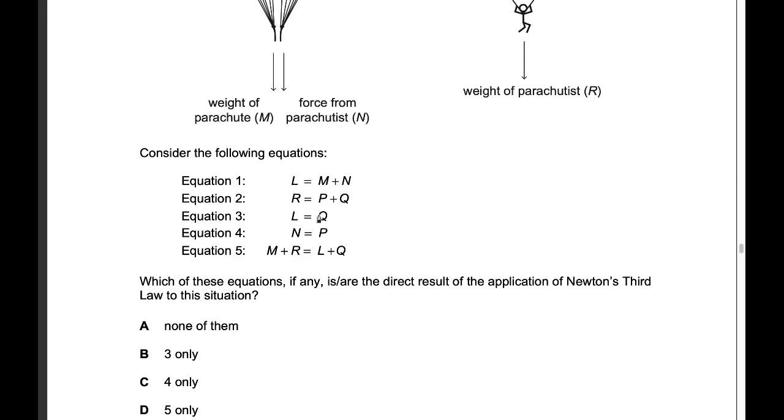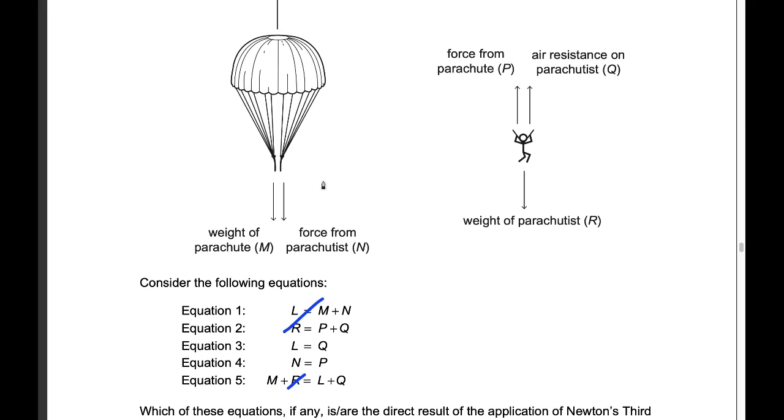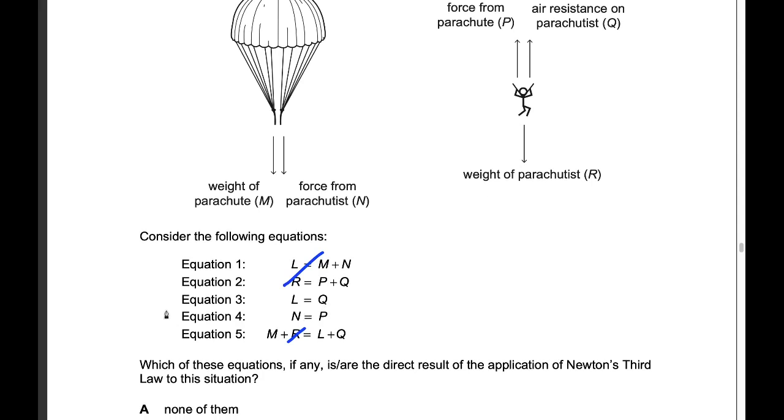So we know it's going to be one of these equations with an equals because they're equal in magnitude, right? So in this situation, we have the force from the parachute and the force from the parachutist. They are certainly going to be equal, and that is actually a Newton's third law pair, because it's almost like the parachutist is pulling down on the parachute with a tension, and the tension in the rope in the parachute is pulling up on the parachutist.